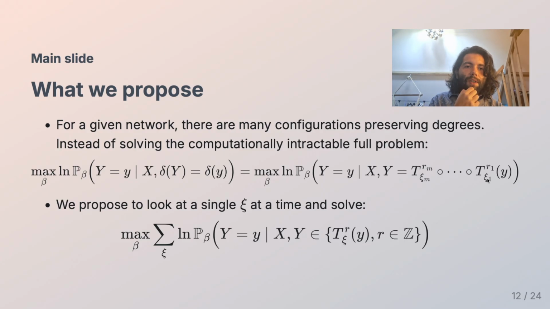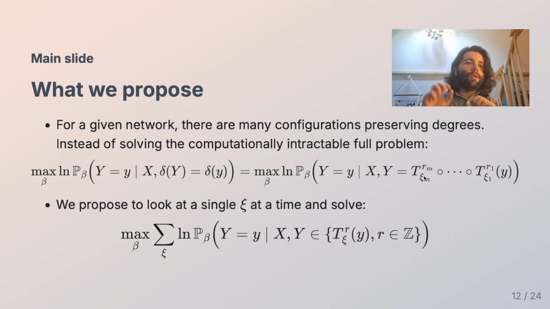Since this set here is quite big, because we have a lot of freedom composing these polyads, we propose to remove this composition, and instead to look at each polyad at a time in the direction that the polyad gives. So we compose the transformation of a polyad as much as we can, but only of a single polyad.